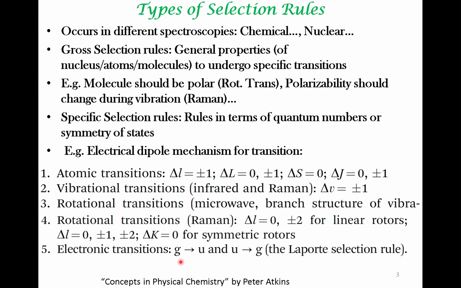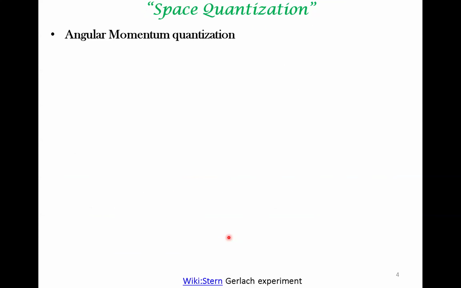Okay, so these are Gerade and Ungerade. So these are indicative of the symmetry states of the wave function and so on. Okay, so overall, this is one way of looking at selection rules. This is a more specific way of looking at selection rules.